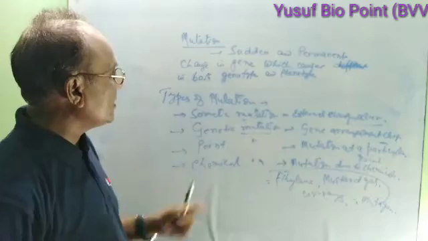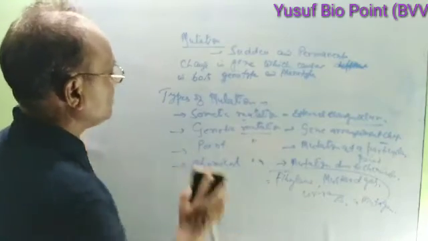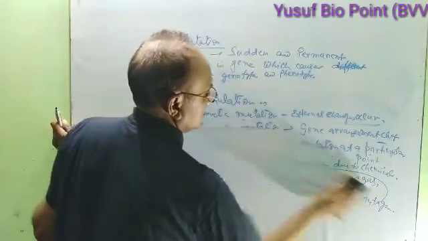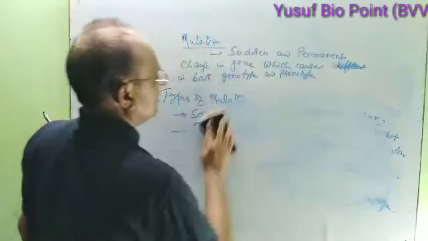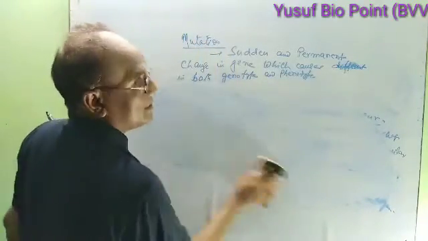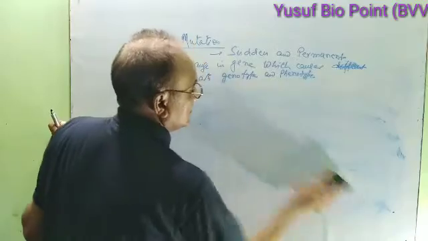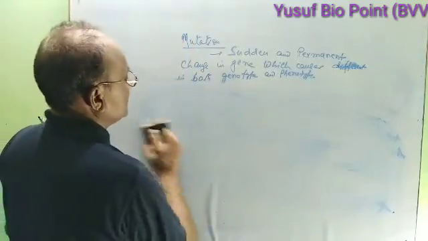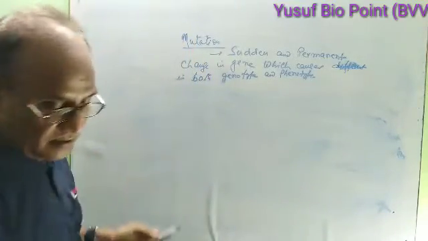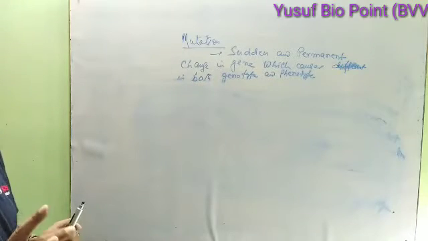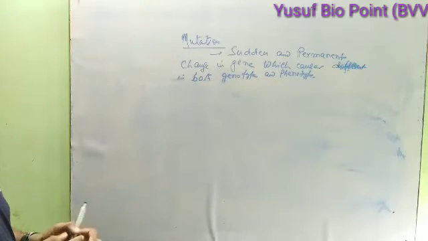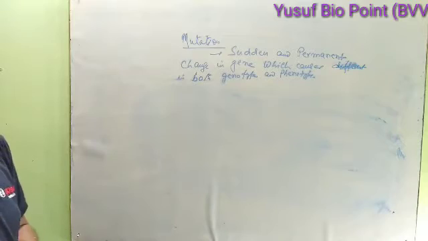Now we focus on the, especially on point mutations, about which you have studied in the sickle cell anemia, that a particular amino acid is changed and that causes sickle cell anemia.